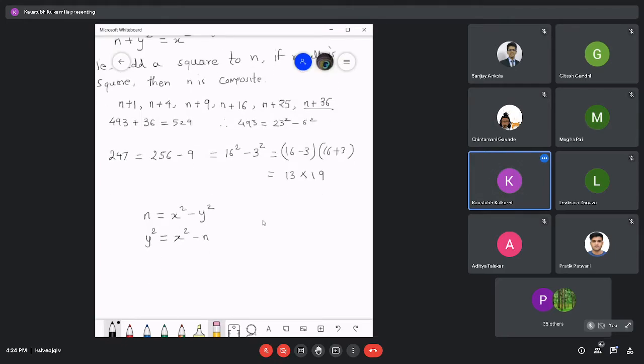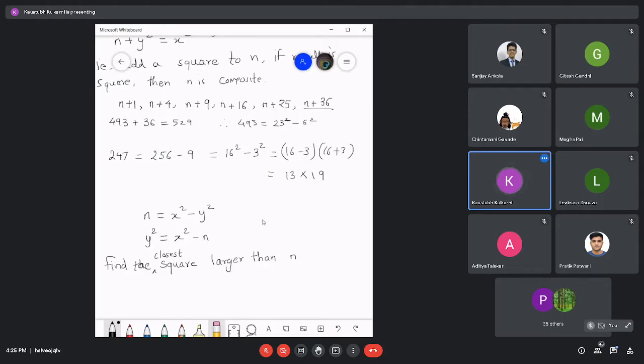Now what you do is you find the closest square larger than n.